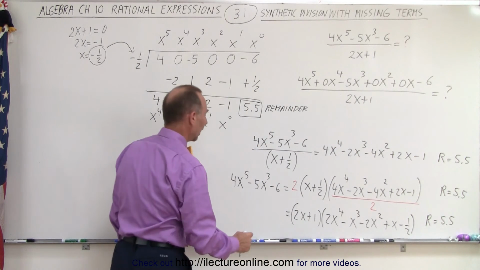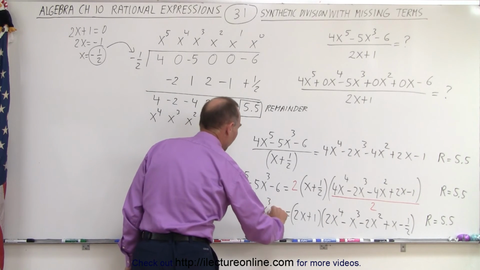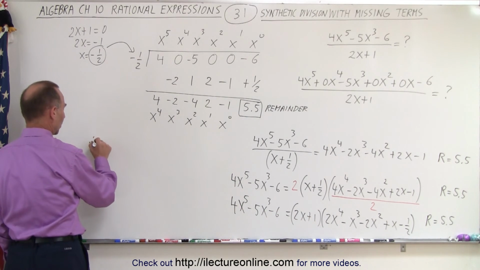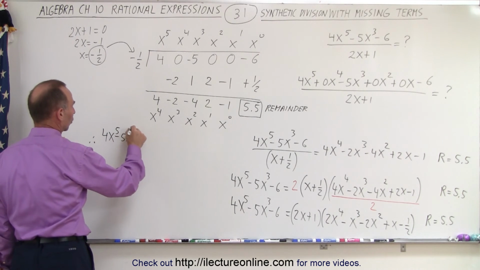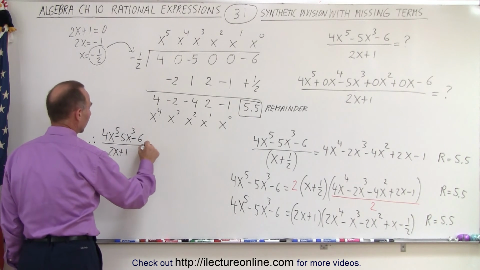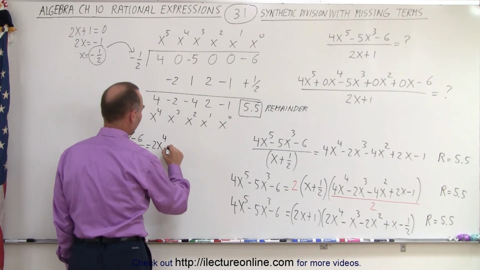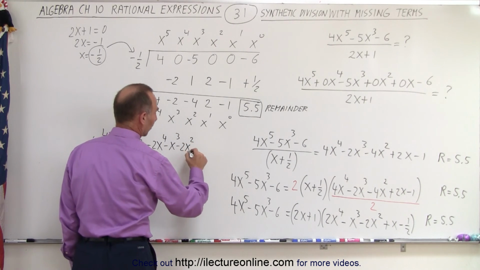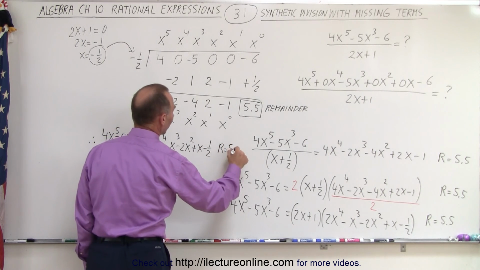And so ultimately, because I have 4x to the 5th minus 5x cubed minus 6 here, if I now divide both sides by 2x plus 1, I can then write, therefore, 4x to the 5th minus 5x cubed minus 6, all divided by 2x plus 1 is equal to 2x to the 4th minus x cubed minus 2x squared plus x minus 1/2 with a remainder of negative 5.5.